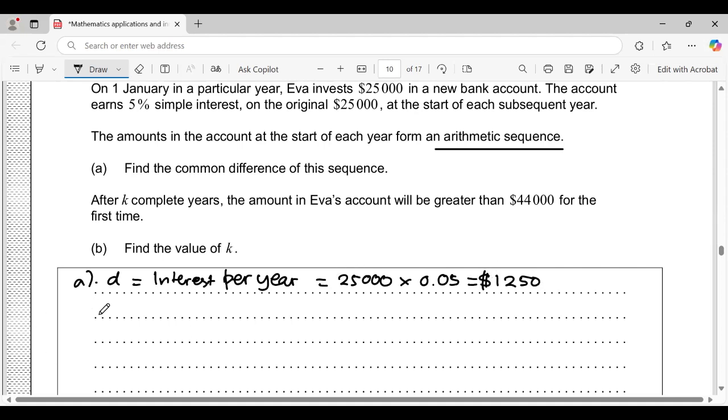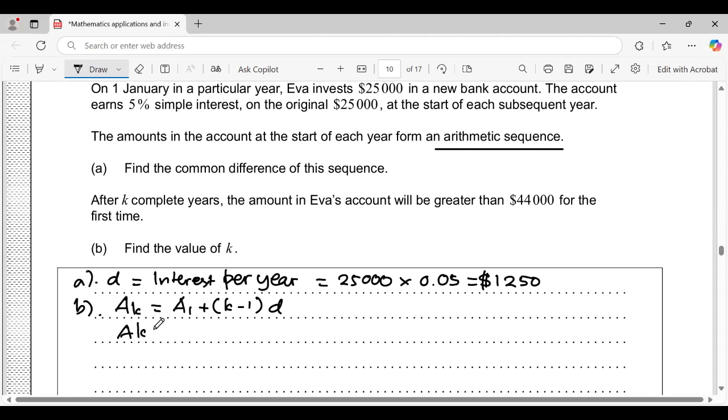And part B, after K complete years, the amount in Eva's account will be greater than $44,000 for the first time. Find the value of K. So we need to use the general formula for the amount. I would like to use A_K equals A_1 plus K minus 1 times the common difference.